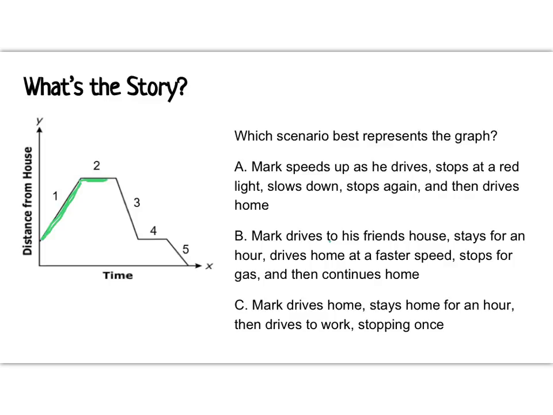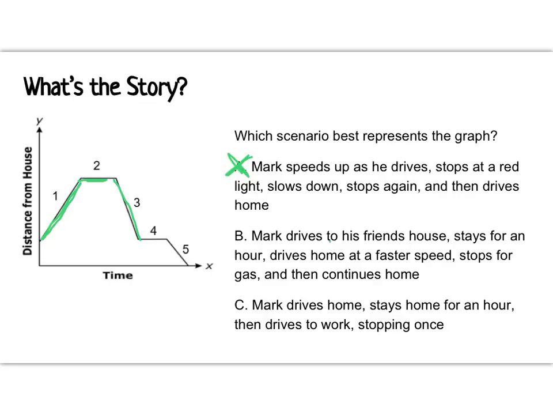Time is going, but the distance is not getting farther away. However, it says then he slows down. This isn't necessarily meaning he's slowing down. It just means that he's going home, he's getting closer to his home.